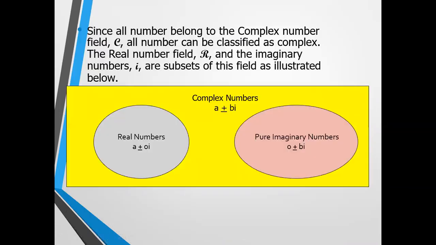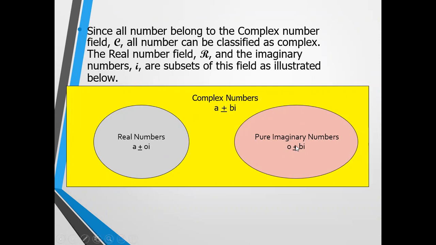Since all numbers belong to the complex numbers, all numbers can be classified as complex. What you need to do to a real number to make it complex is to add an imaginary part, that is 0 multiplied by i, because i is what we usually use to represent the imaginary part.